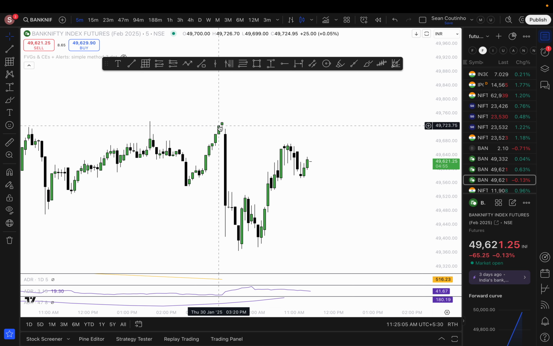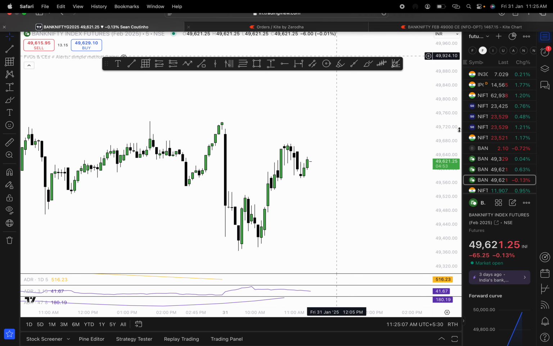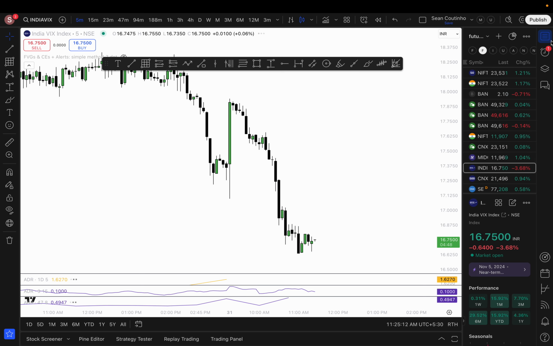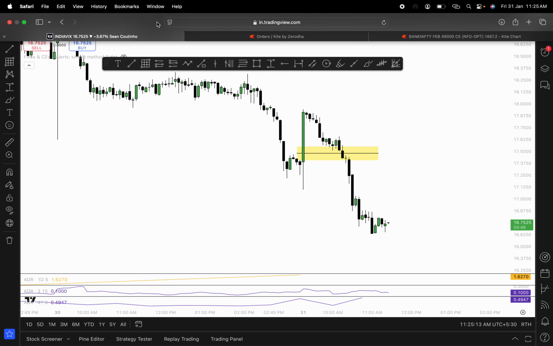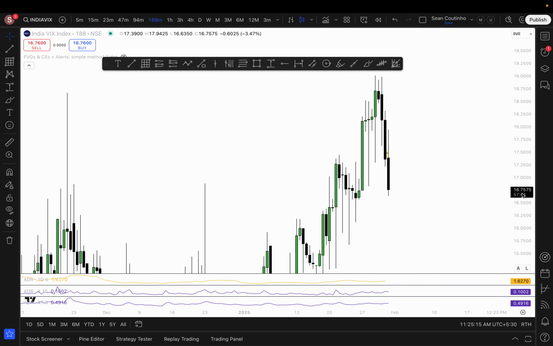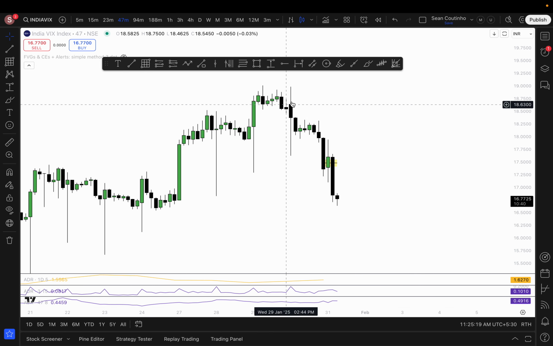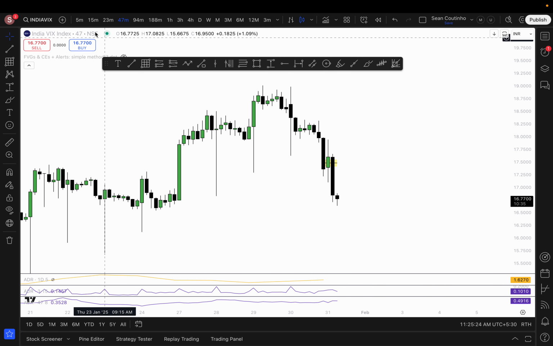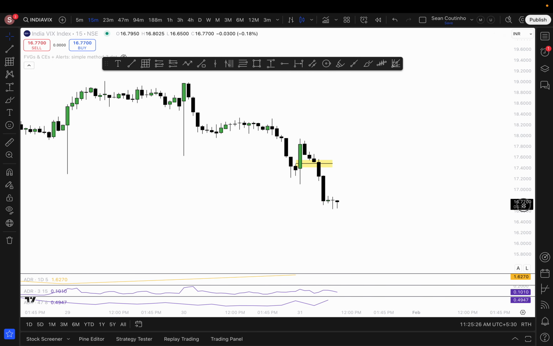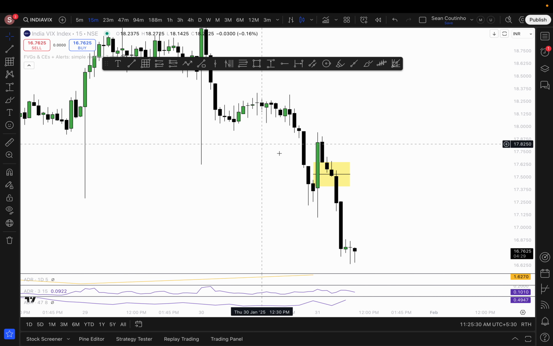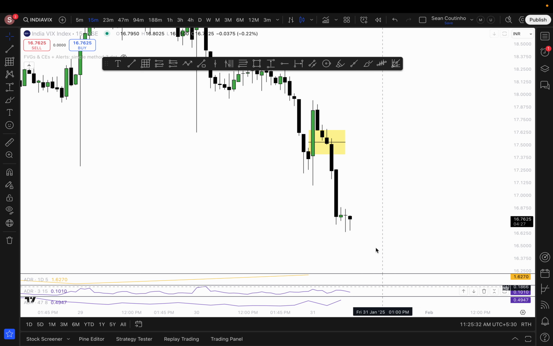I'm expecting this to be taken out, but again, VIX was not in my direction. I should have actually seen the VIX. I did not see the VIX, and the reason I was trading only futures was because of this. As you can see, VIX was bearish, and this bullish fair value gap you get here in a bearish trend is supposed to be sold into, and that's why it falls down.